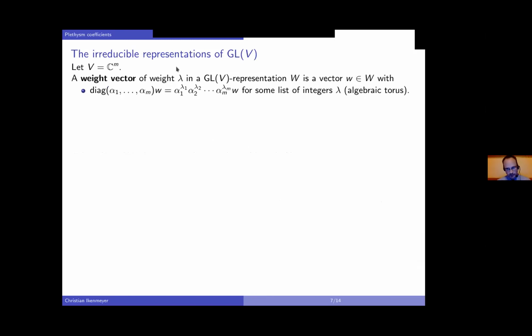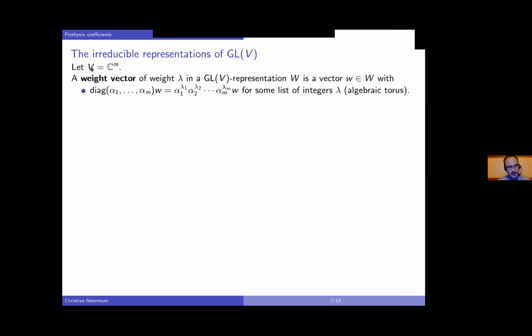So the vector space decomposition that we had for S2 was really nice, but for GLV it is a bit more difficult. It actually involves weight vectors and highest weight vectors. So I need to define that, and then we will be there, okay?